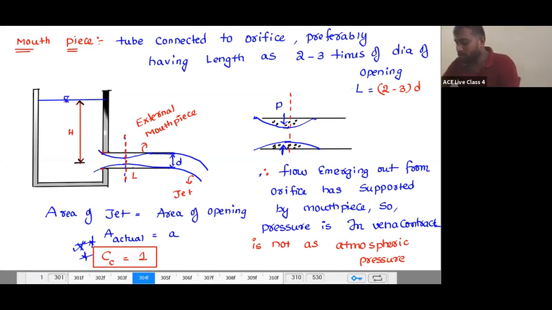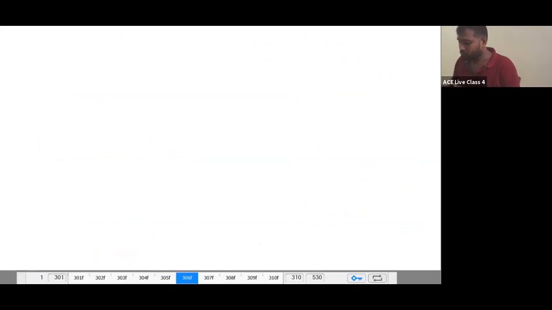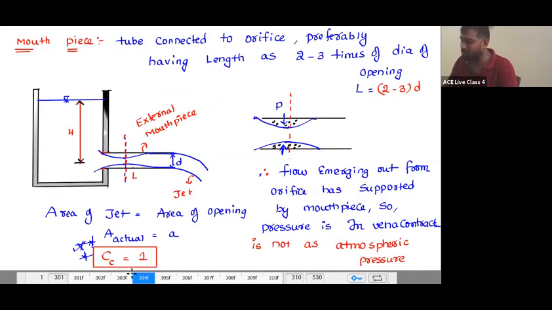Okay, now let's get back to the session. So there are some other different types of mouthpieces also. Whatever types I have discussed so far, these are nothing but the external type, right?